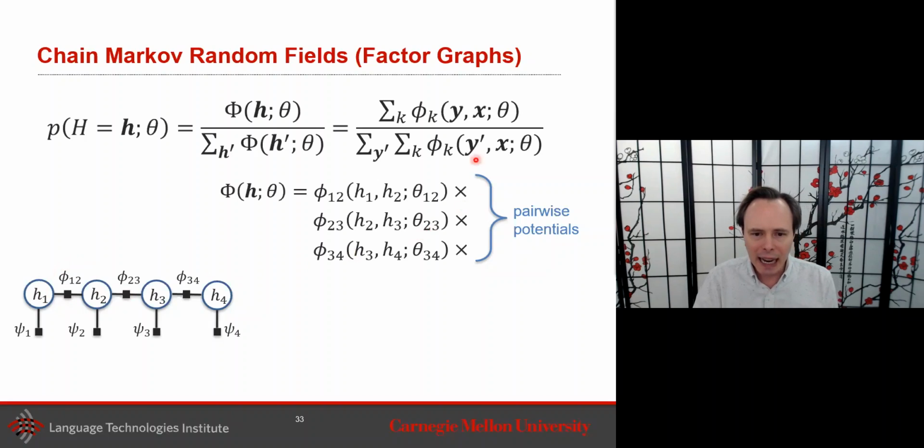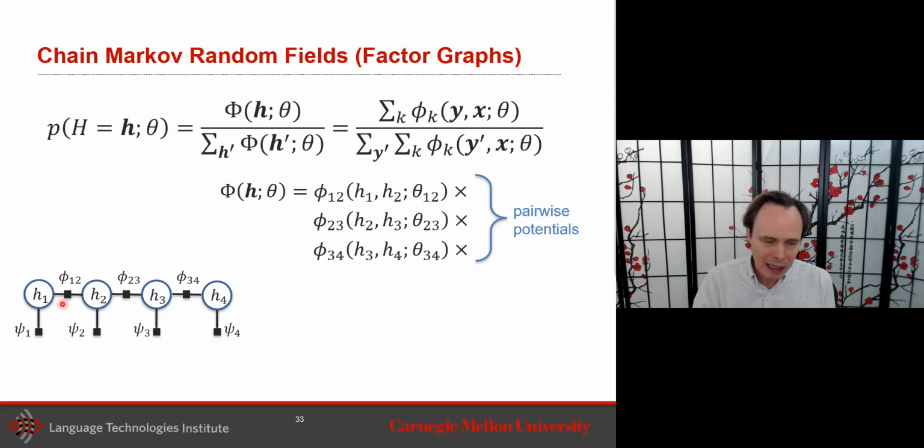In the case of the Markov random field, the main difference is there's no restriction for these to be probabilities, as long as they're any value from minus infinity to plus infinity, although you probably want to keep it in a smaller range for numerical stability. But there's no constraint that these are probabilities.